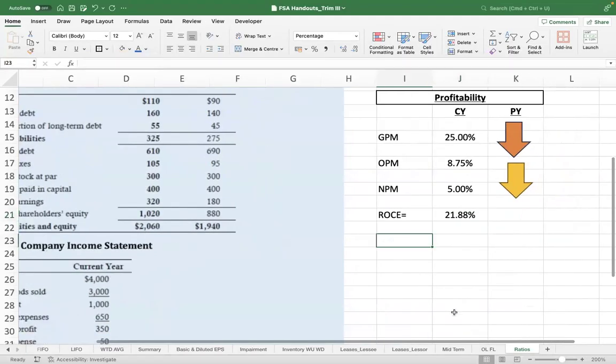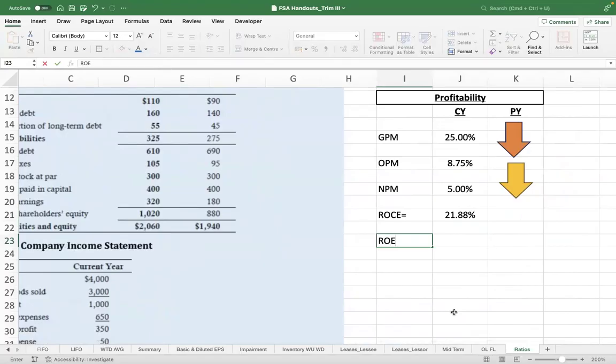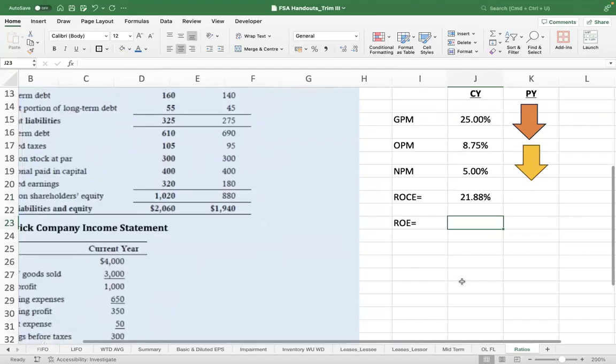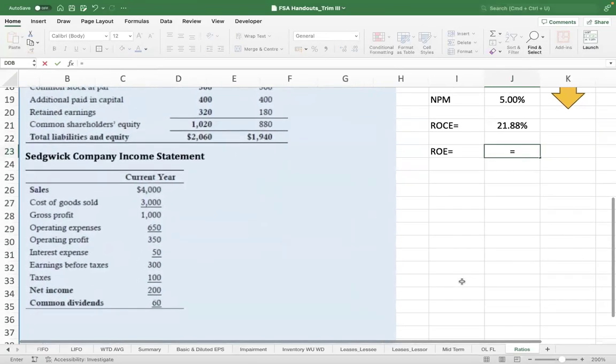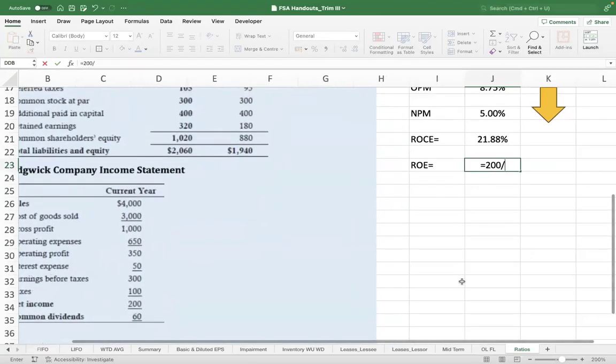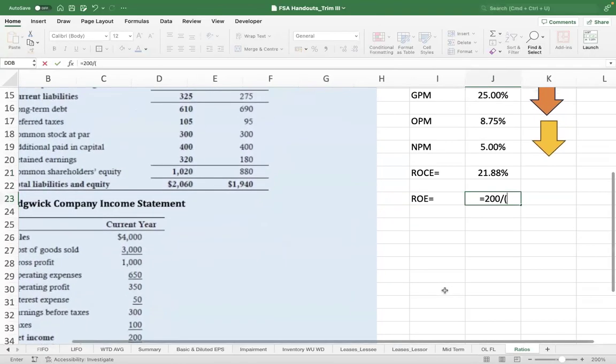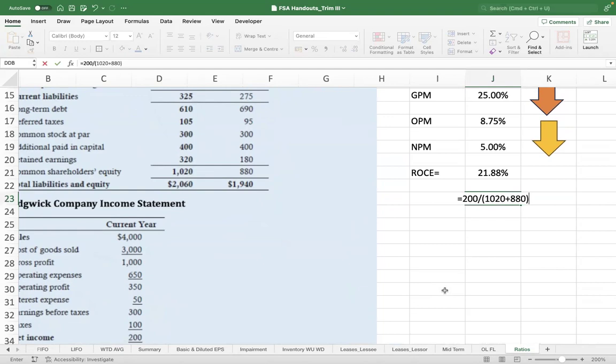Okay, there's nothing much in the solution, so I think what we have done is okay. What about return on equity? Return on equity is fairly straightforward. So you can take net income, which is 200, divided by average equity, which is 1020 plus 880 divided by 2.